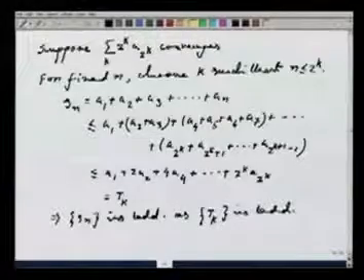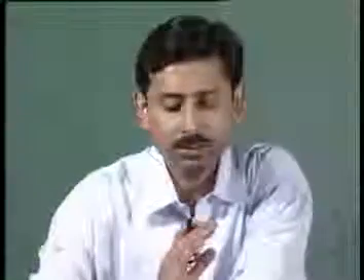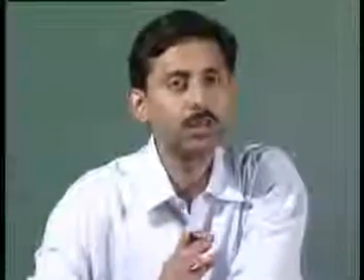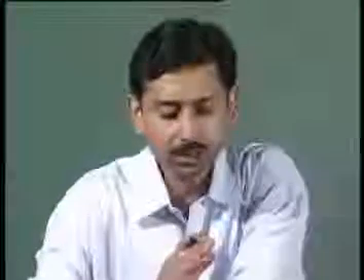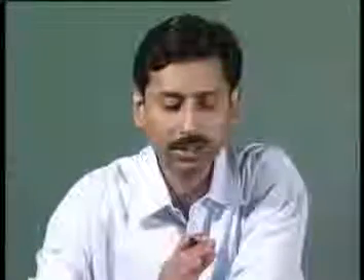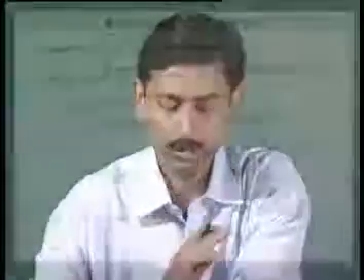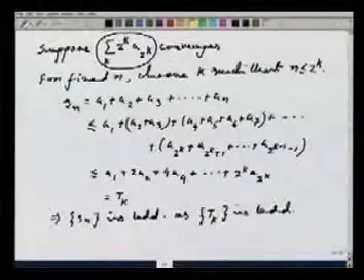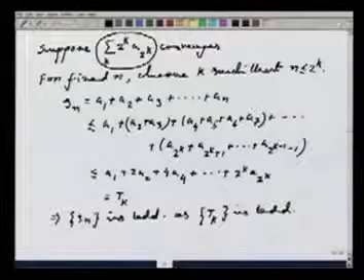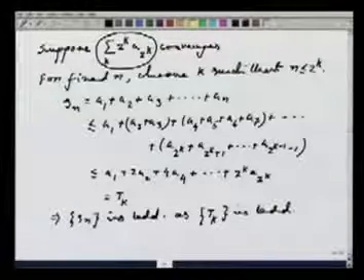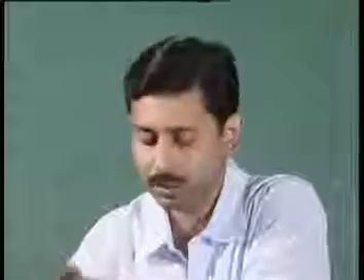As I said, if I have an infinite series consisting of non-negative terms, then for it to converge, it is necessary as well as sufficient that its sequence of partial sums is a bounded sequence. Now since summation 2 to the power k a2 to the power k converges by my assumption, that means tk is a bounded sequence, but since every term of Sn is lesser or equal to some tk, that implies the sequence Sn is bounded.